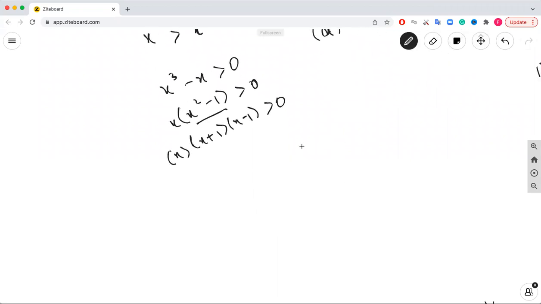Now, if you equate all of these to 0, this will become x is equal to 0, first thing. If you equate this to 0, x will become minus 1. If you equate this to 0, x will become 1. There is no need to worry if you don't get this. I'm just giving you an idea.